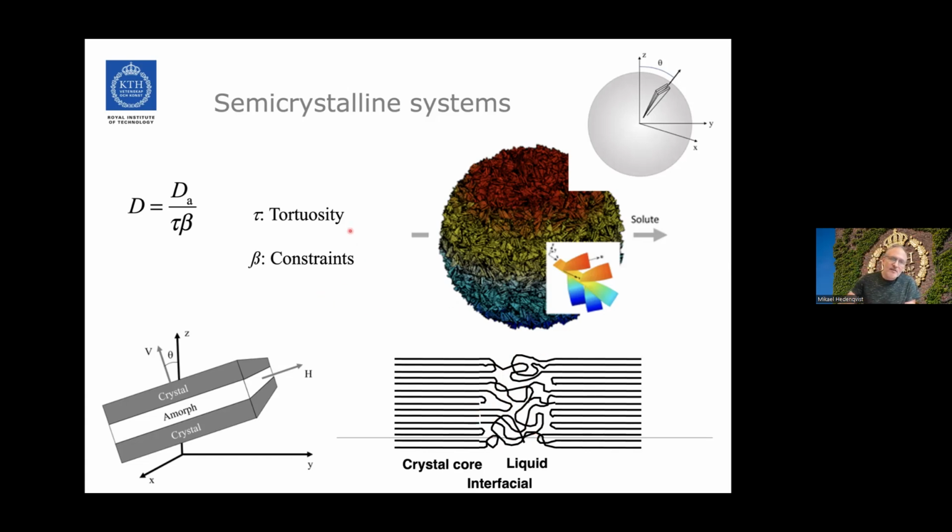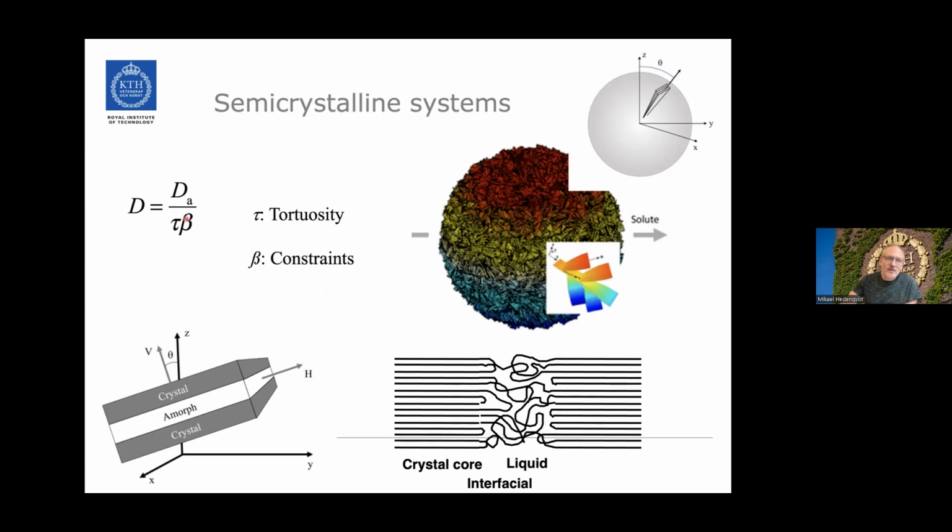You can model this by considering two effects. Tortuosity means that the crystals are there and the diffusing molecule has to circumvent them. So that's the labyrinth effect or the geometrical effect. But then you also have the constraint effect, beta here.